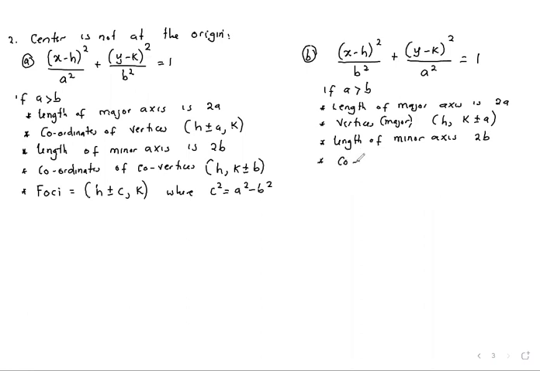Then the co-vertices, this time around it will be h plus or minus b, comma k fixed.